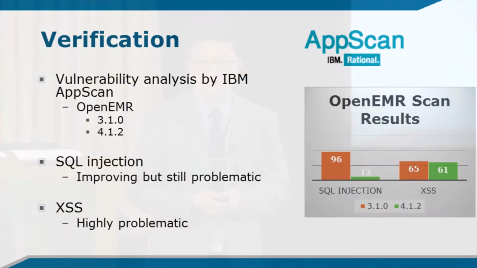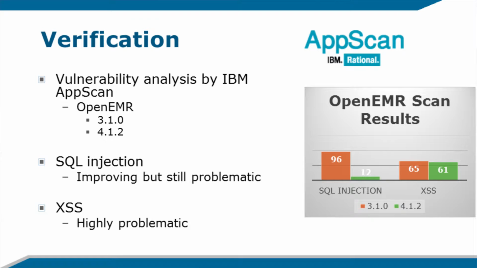So to confirm our suspicion, we actually tried to use this commercial grade static analysis tool called the FScan, an IBM product. And we tested these two versions of OpenEMR, 3.1.0 and 4.1.2. And we tested it for SQL injection.